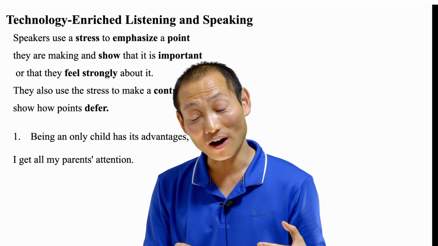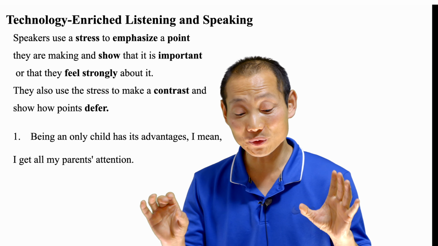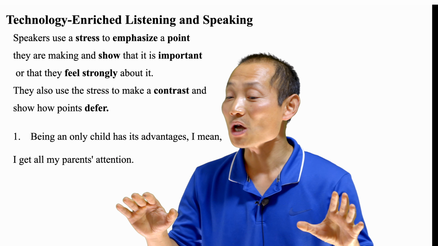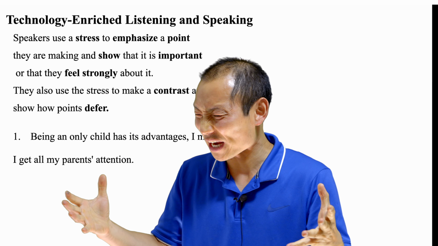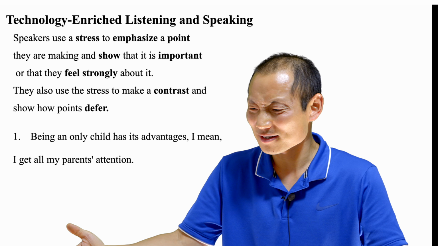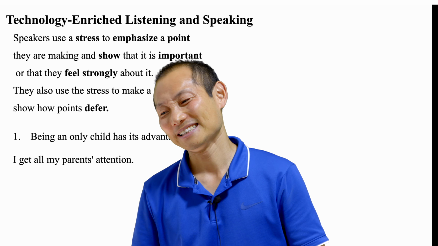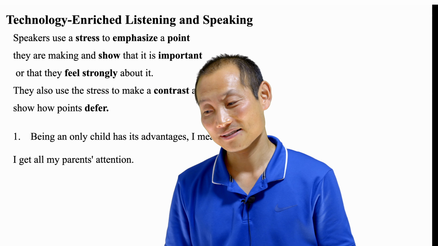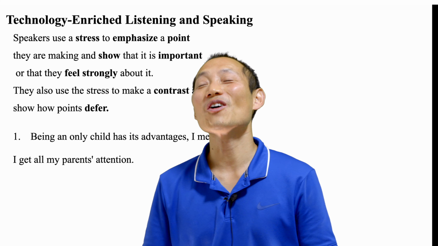But before we move on, let's review a little bit about stress or emphasis. When do we stress something when we speak? Joshua? Well, when you're making a point, you want to say what's important, so you stress it. Oh, good.